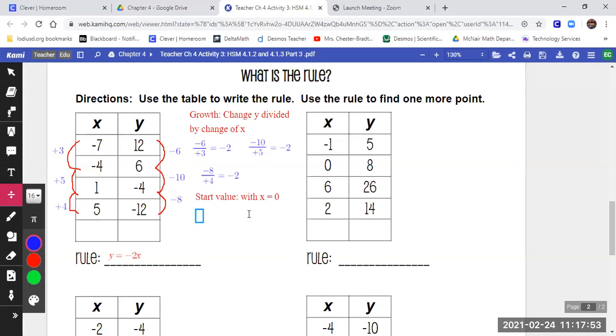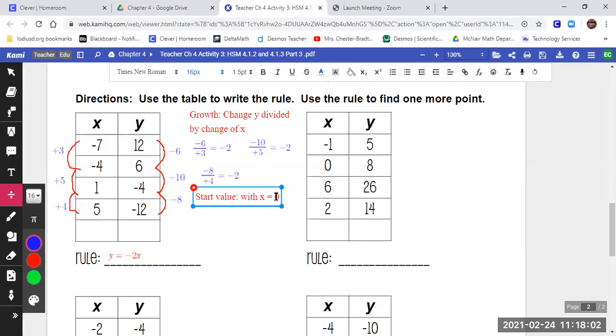So I am going to use one of my coordinates I already have to solve for the start value. Okay, that's what I'm going to do.